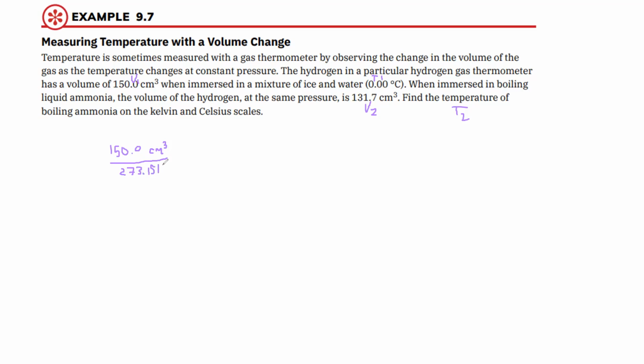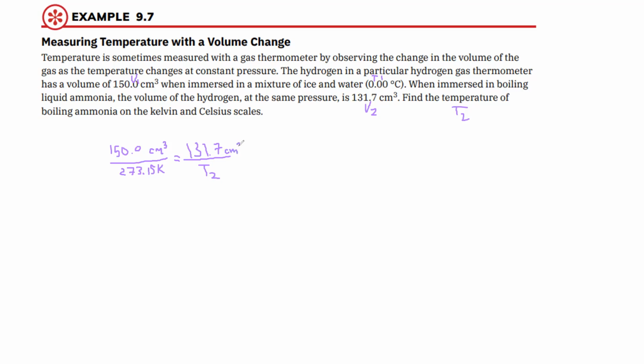And in this case, I am going to include the 0.15 since this temperature is 0.00. And then ultimately, we're looking for T2, so we'll be solving for the denominator. We've got a second volume of 131.7, and that's centimeters cubed again.